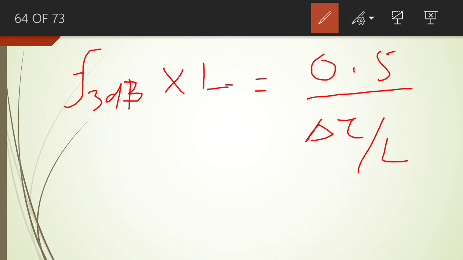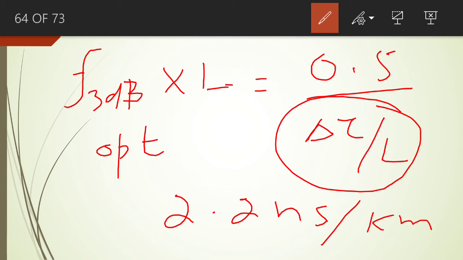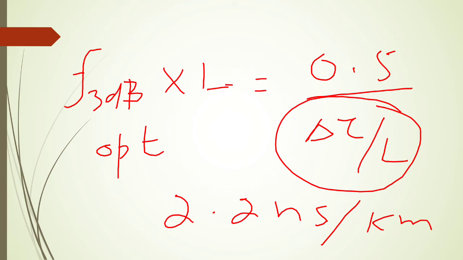So we can calculate this frequency length product with the help of this particular equation, and pulse spread per unit length in this particular case is known, which is 2.2 nanosecond per kilometer.